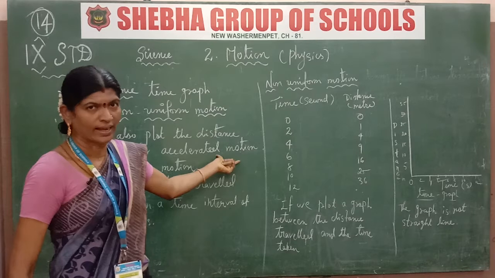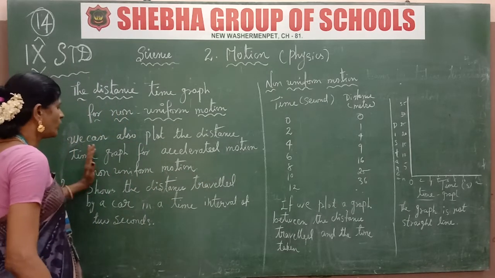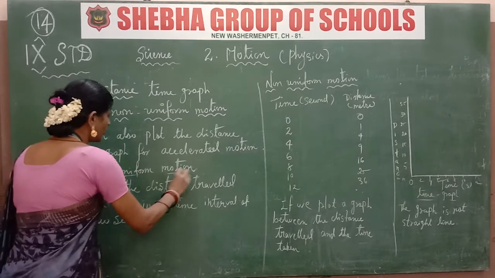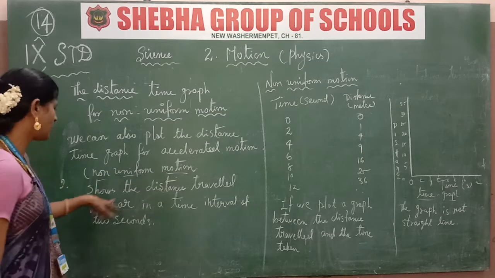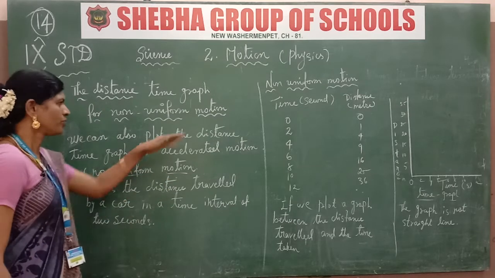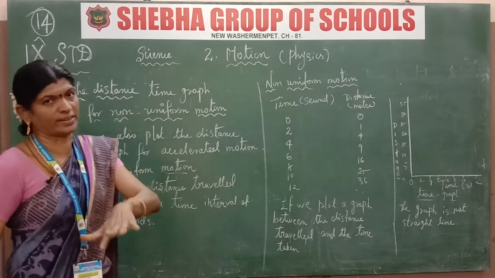Already you know accelerated motion from the last previous class. That is called non-uniform motion. So show the distance traveled by a car, and compare the distance traveled by the person in uniform motion.